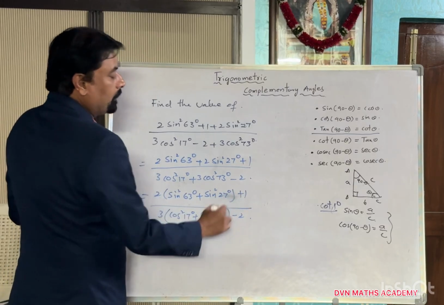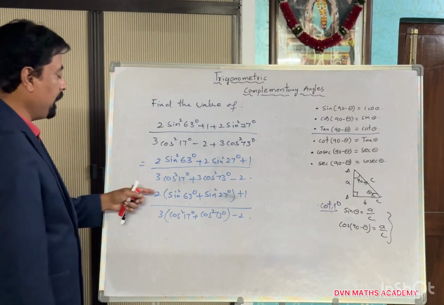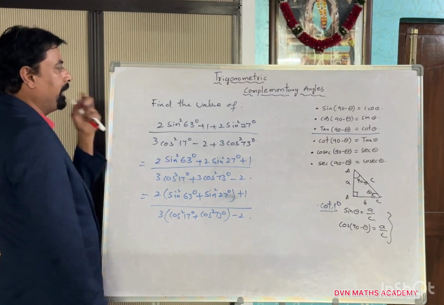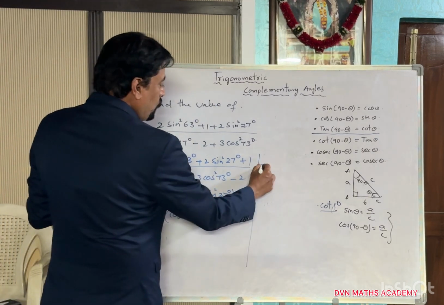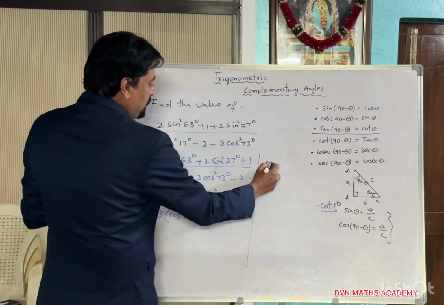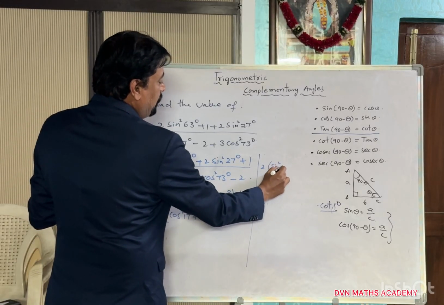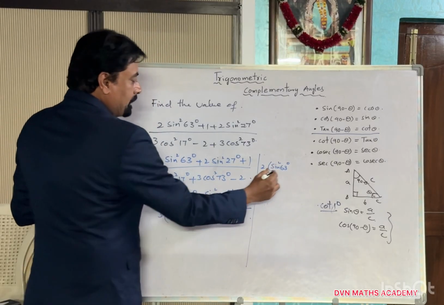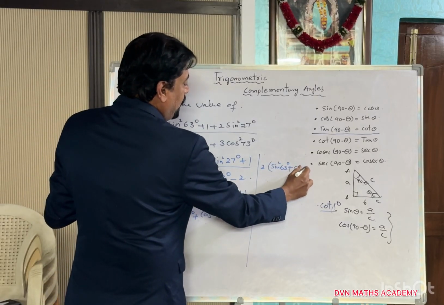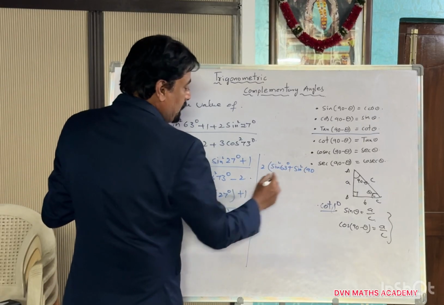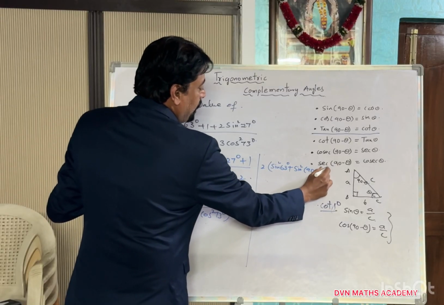So here we are going to apply our trigonometric complementary angles. That is what I am doing here: 2 into sine square 63, I can write the same as this, plus sine square 27, I can write as sine square of 90 minus 63 degrees.